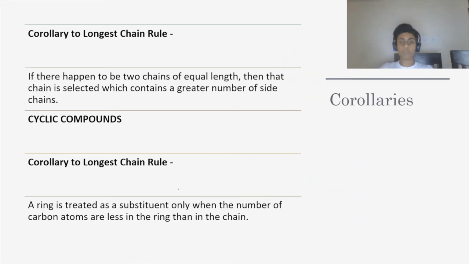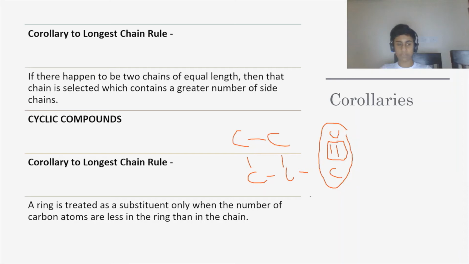Now there's one more thing: if we have a cyclic ring attached to a carbon atom which has a double bond, even though it has fewer carbon atoms, this will be the parent chain because it has a double bond. Double bond has more priority.